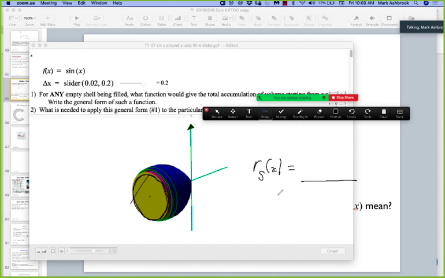Good. Circumference, right? 2 pi r. What is the radius here? The y value. Good. But if our function's in terms of x, then it would be the function in terms of x. Yeah, sine x. 2 pi sine x.